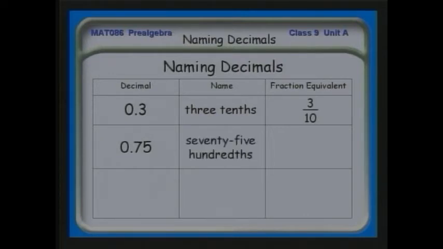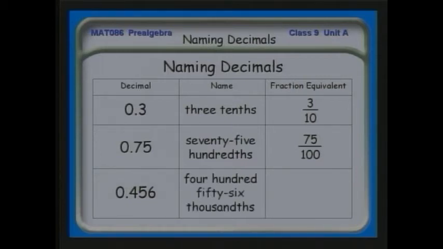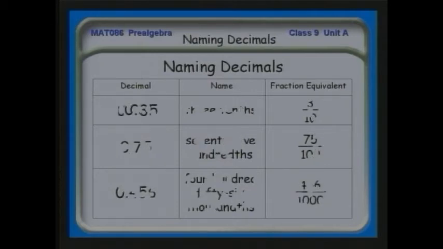We would read that as 75 hundredths and would write it as 75 over 100 if I were writing this as a fraction. 0.456, 456 thousandths, or 456 over 1,000 as a fraction.